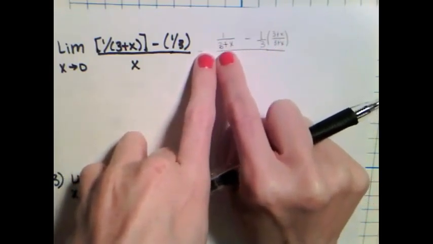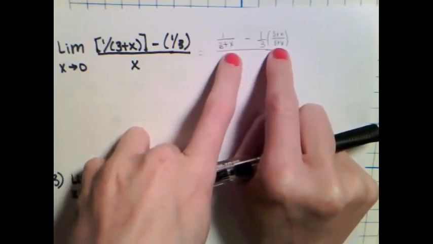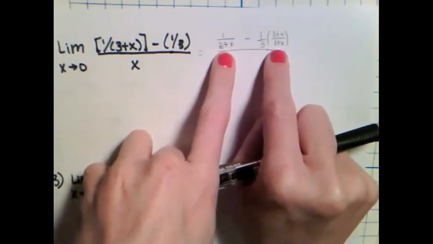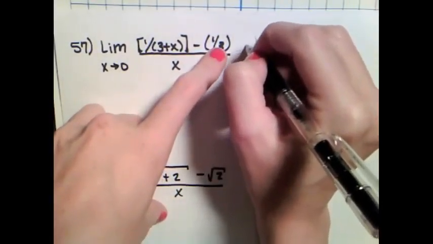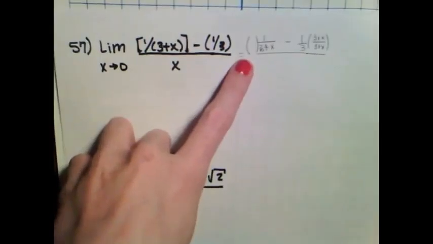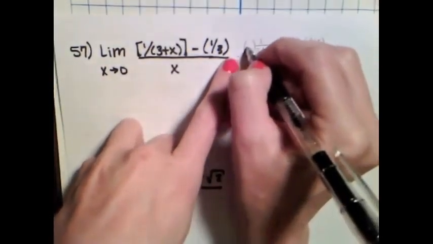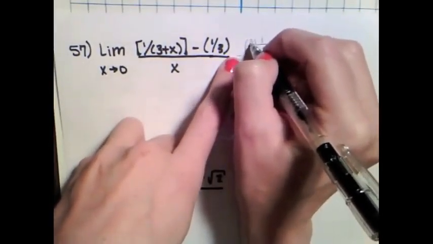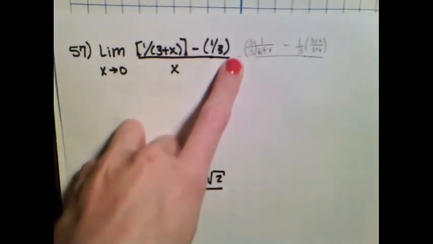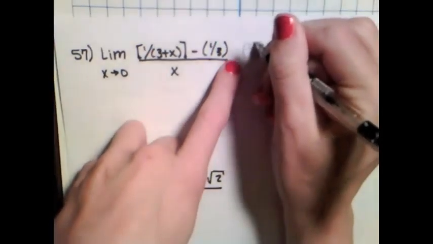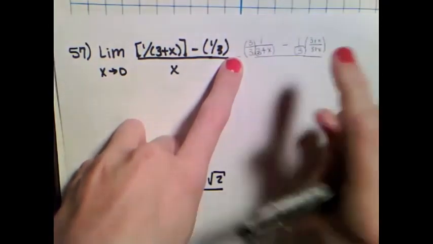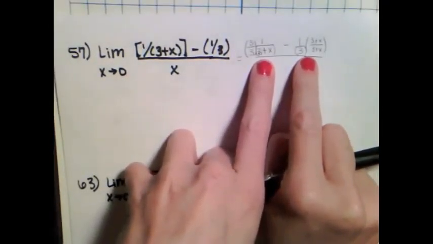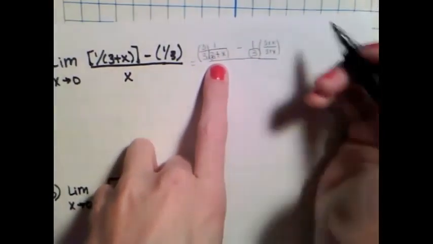That gets me closer to a common denominator because I've got the 3 plus x in there. But in this first fraction, I also want to multiply it by 1 in the form of 3 over 3. So this gives me a common denominator. Now I can subtract these.